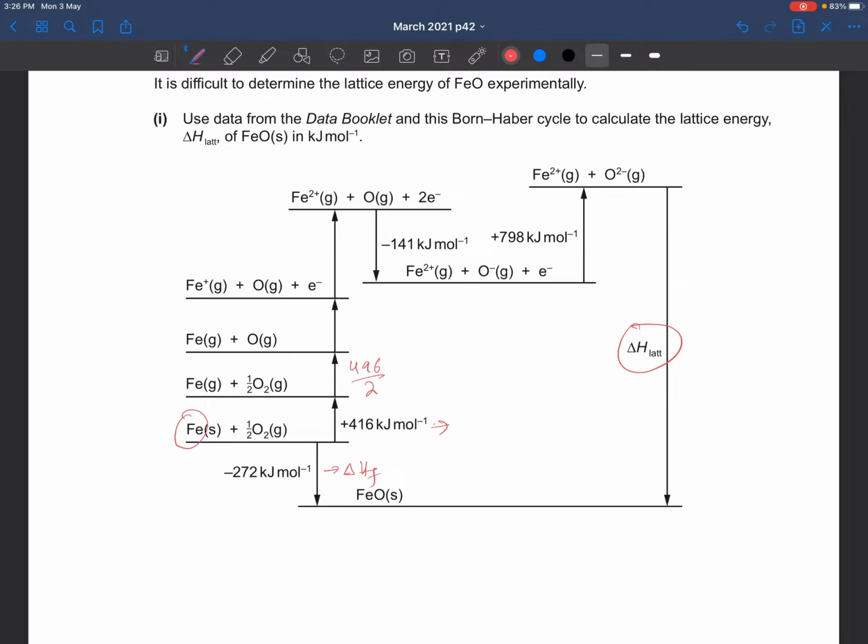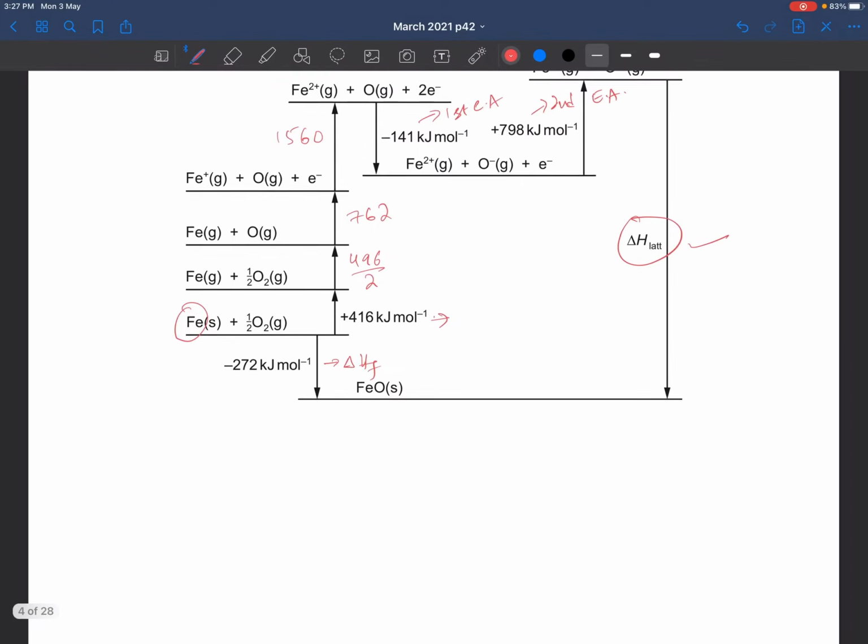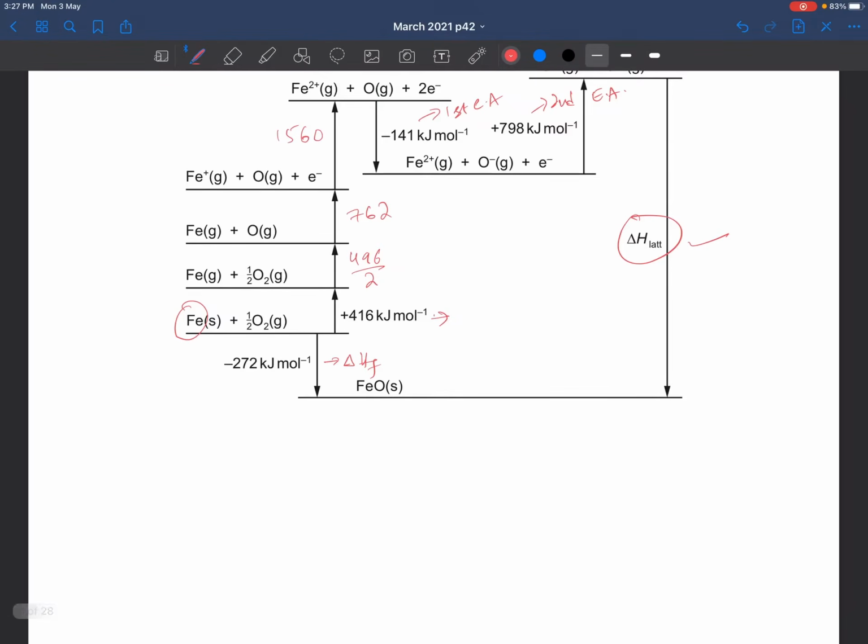Then first ionization energy, which is 762, and second ionization energy, that is 1560. Then electron affinities are already mentioned. Oxygen first electron affinity, and second electron affinity. And then this delta H lattice we have to calculate. So we just simply have to solve this cycle to get the answer.